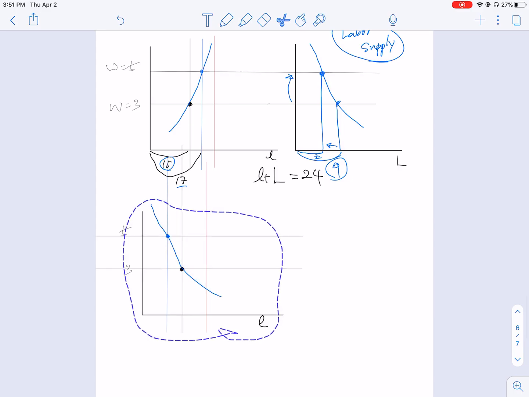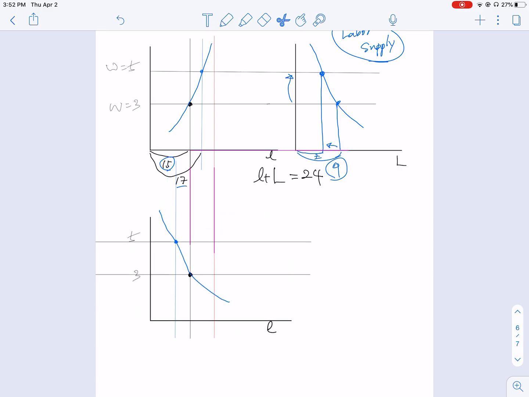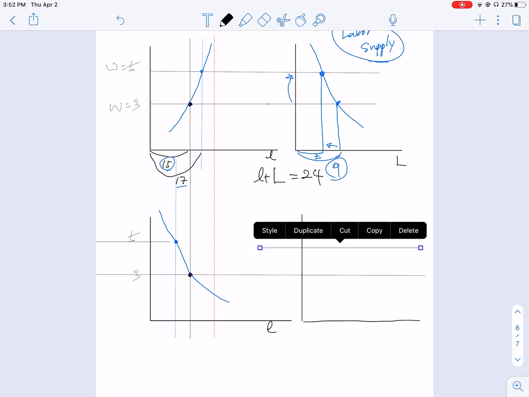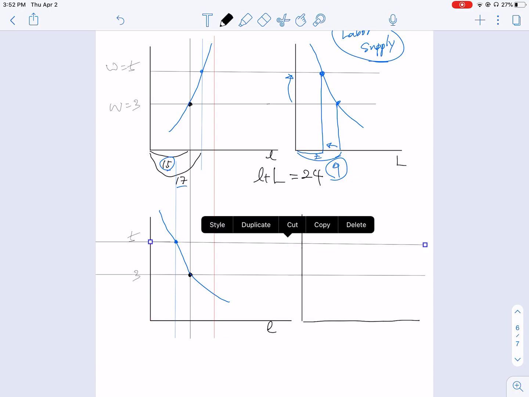So if you think the second is a more natural one, then what's going to happen is that, let's say this is 14, and this is, let's say, 18.